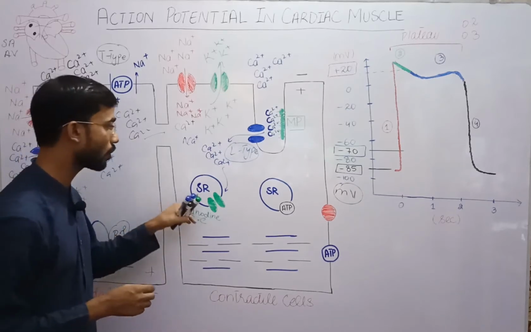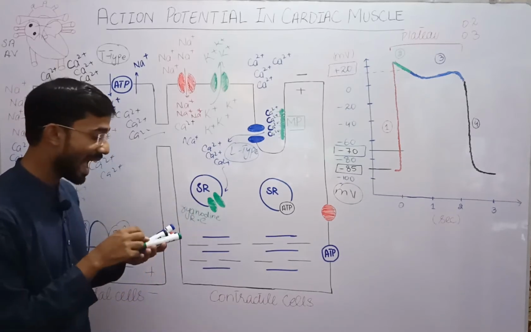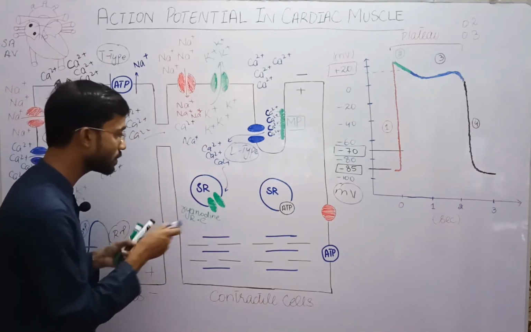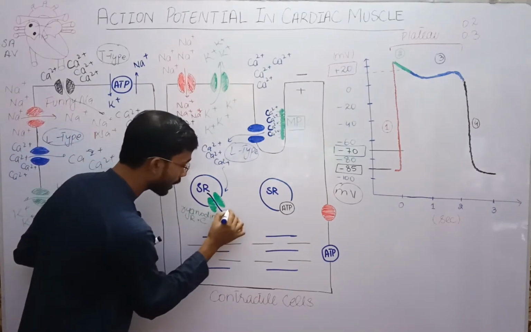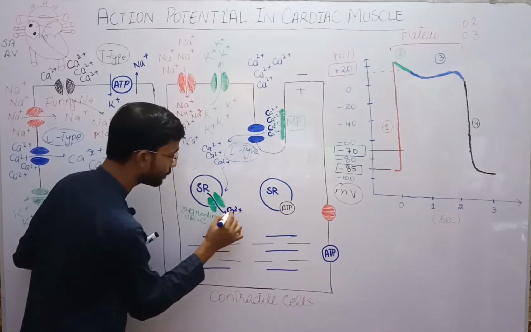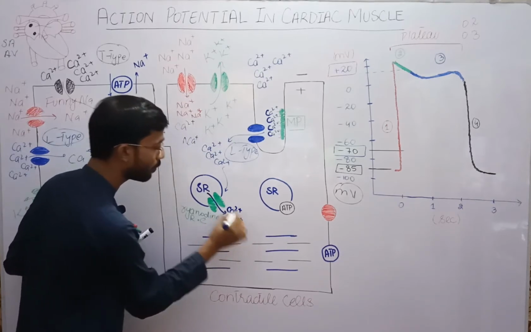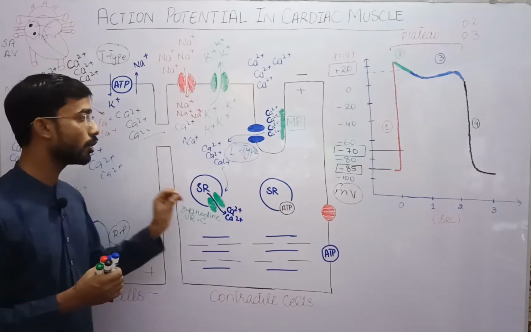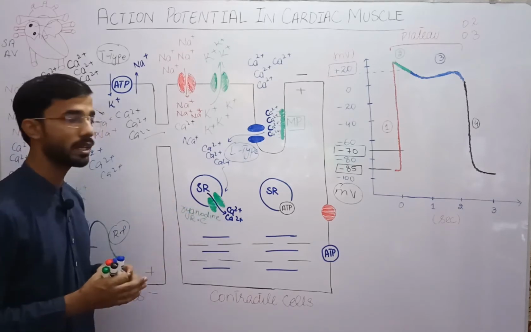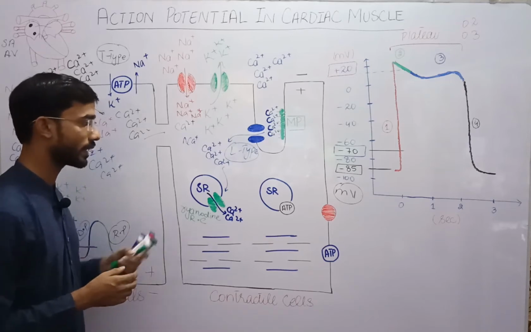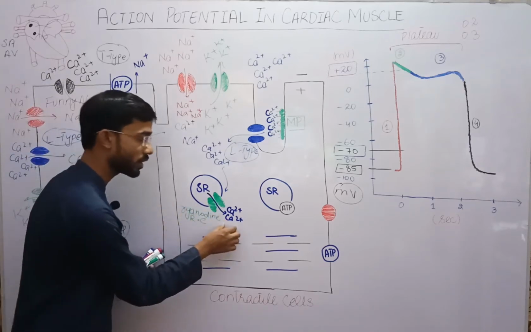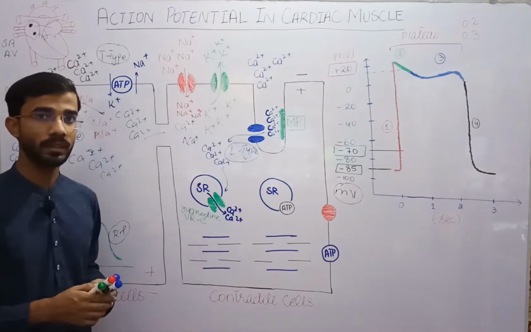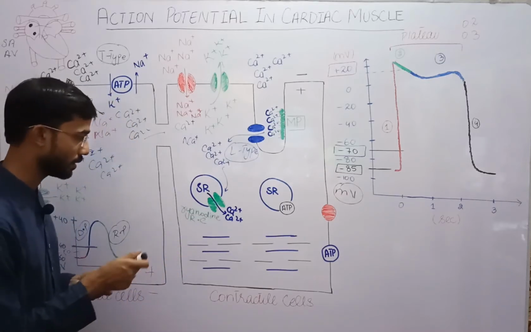Actually, calciums are stored in the sarcoplasmic reticulum, and when they activate, calciums move from the sarcoplasmic reticulum into the cytoplasm of the cell. Here there are a lot of calciums present in the cytoplasm of the contractile cell, and these calciums are used in the contraction of the cells.